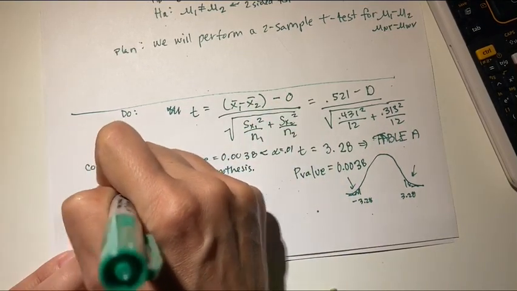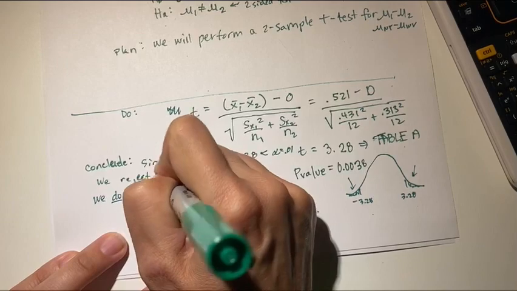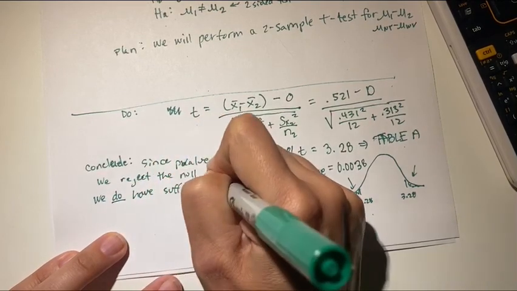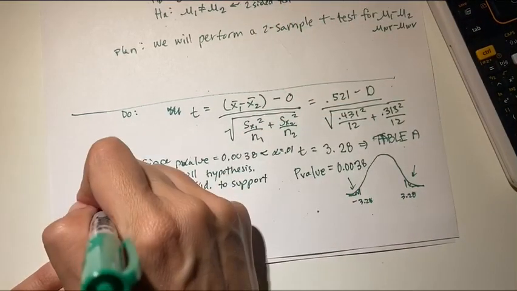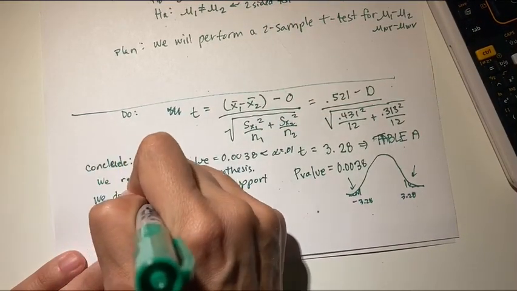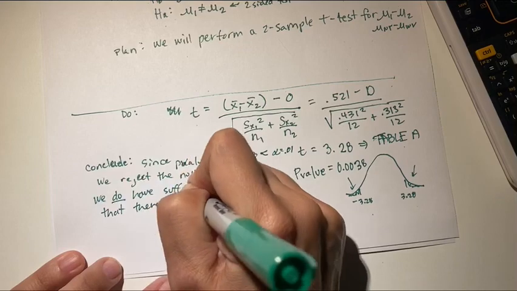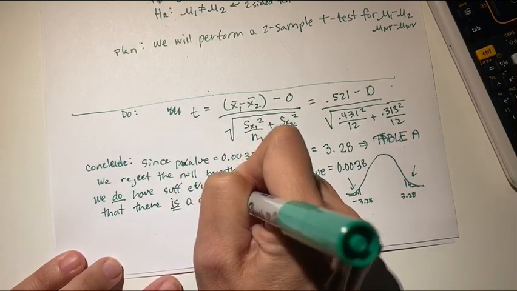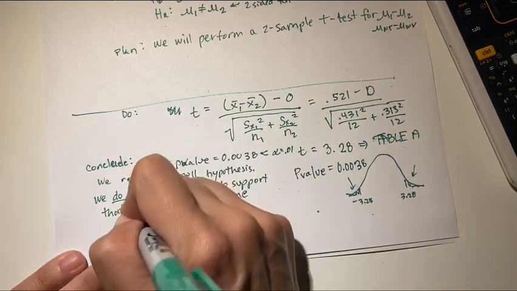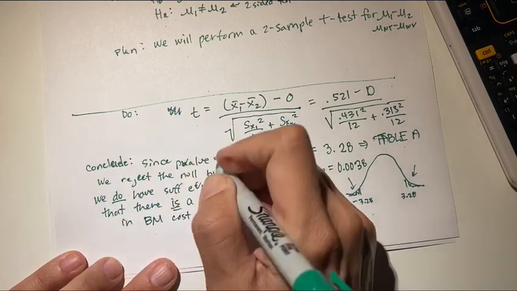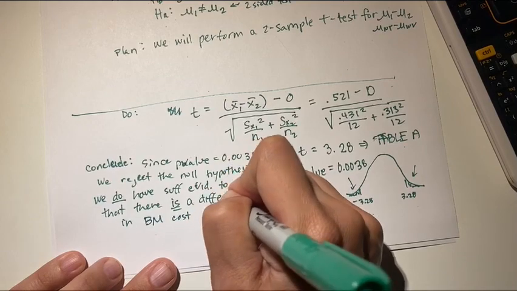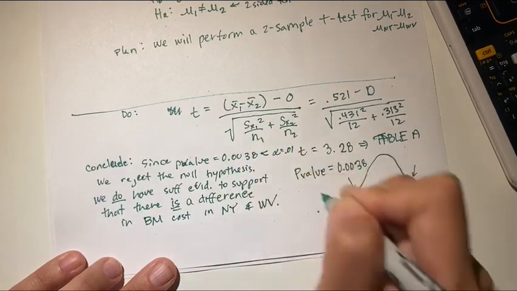We do have sufficient evidence to support H sub A. What is H sub A? That to support that there is a difference in Big Mac costs in New York and West Virginia.